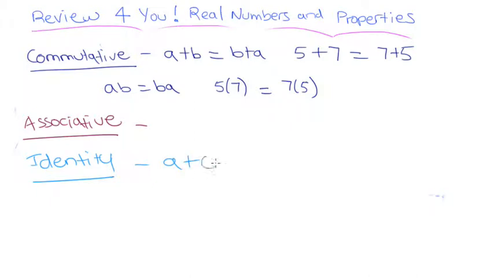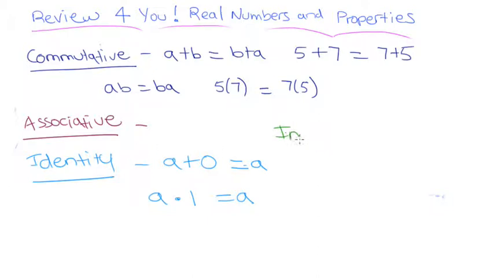So A plus 0, which is the additive identity, you will get A, because anything plus 0 is equal to A. The multiplicative identity, or 1: if you multiply A times 1, you will get A. So 1 is the identity for multiplication, and 0 is the identity for addition. So that's the identity property.